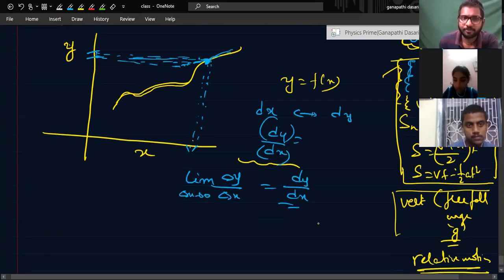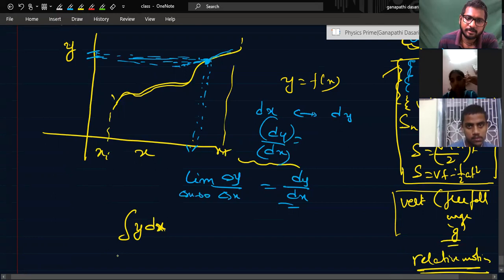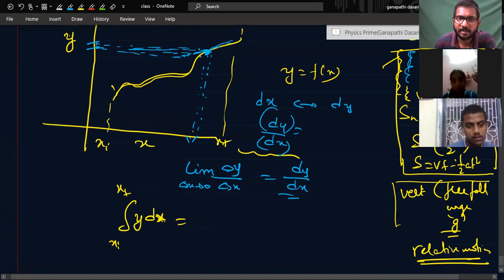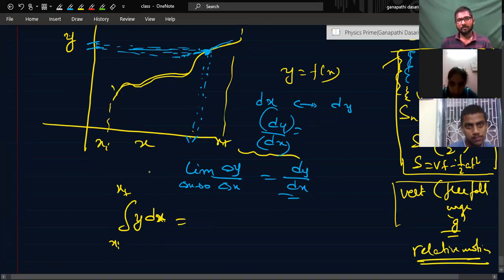Okay, then what is integral y dx, from x initial to x final? What will we get here? In this case, y should be constant, sir, because y and dx are different variables.